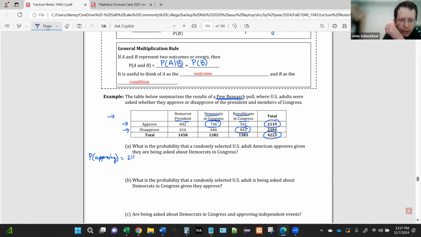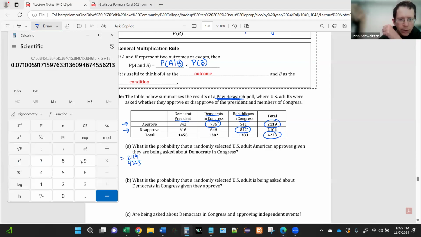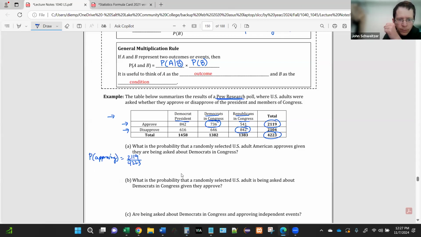There's 2,119 out of the 4,223. So if we pull out the calculator, 2,119 divided by 4,223, we're looking at about 0.502. Okay, so that's a different question that I wanted to add on here for reference.